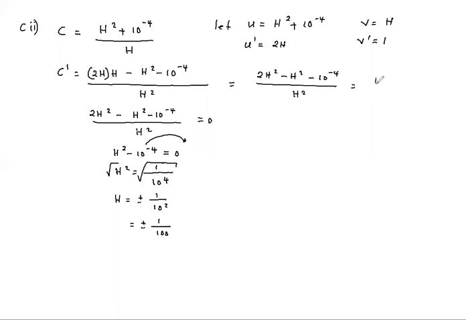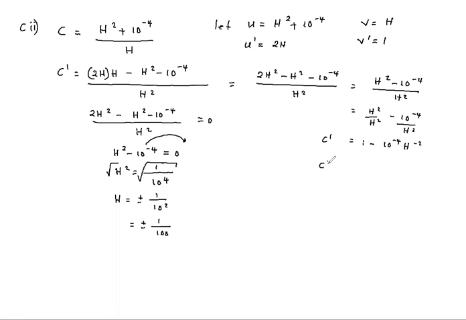This is the same as H squared minus 10 to the power negative 4 over H squared. So I can write it as H squared over H squared minus 10 to the power negative 4 over H squared, which is the same as 1 minus 10 to the power negative 4 H to the power negative 2. So this is my C prime.